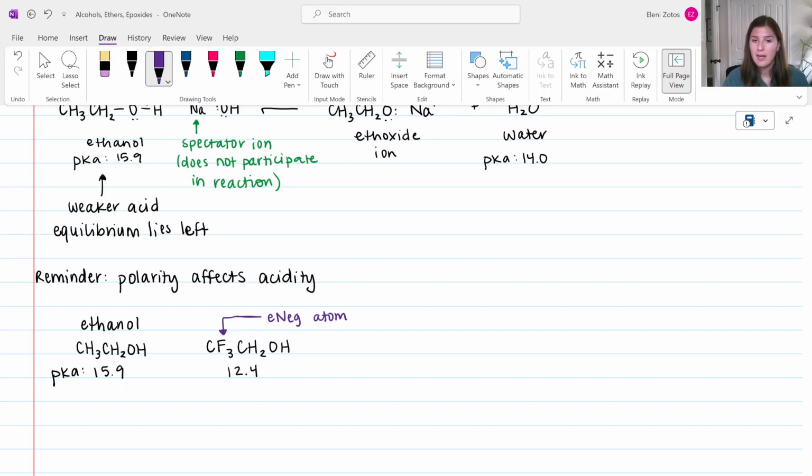It also helps stabilize the conjugate base with the extra electrons, the negative charge. And this is what we call the inductive effect. So the electronegative atom pulls electrons, which makes the hydrogen have a stronger partial positive charge.